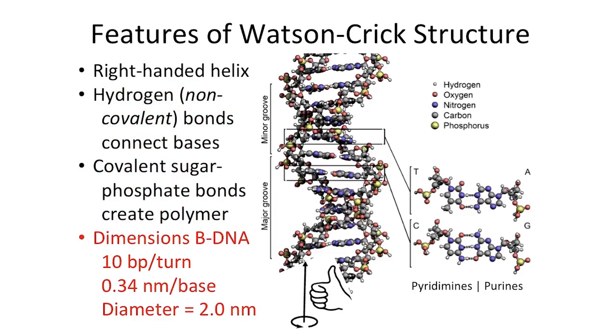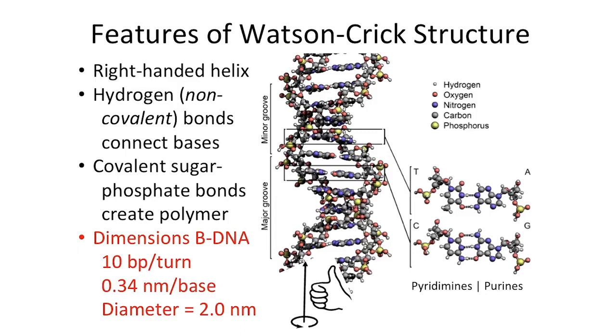DNA has about 10 base pairs per turn, with 3.4 nanometer rise or distance per turn of the helix, 0.34 nanometers per base. The diameter is 2 nanometers, so you can deduce something about this molecule.